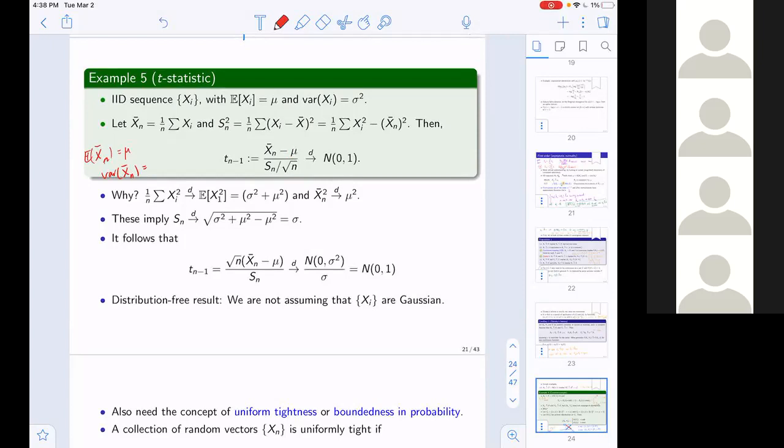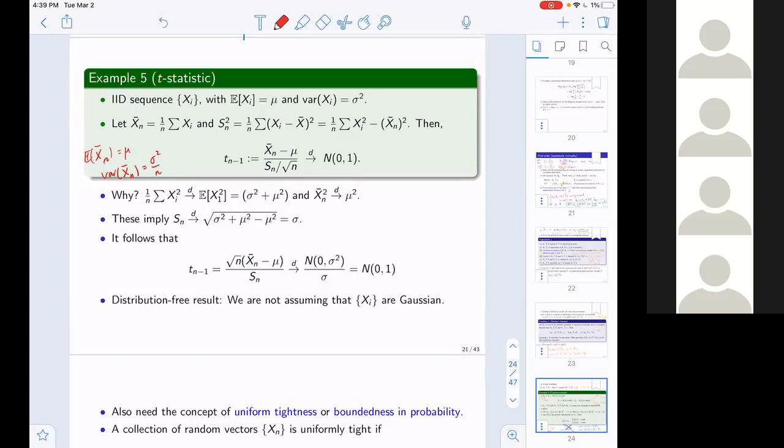This is the minimum that, after this course, should come out right away. The variance of x over n. Yeah, so sigma squared over n. That's the minimum result of this course: you should be able to say what the variance of x bar n is off the top of your head. So it's sigma squared over n.